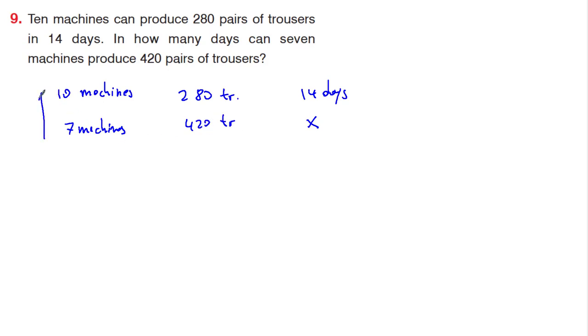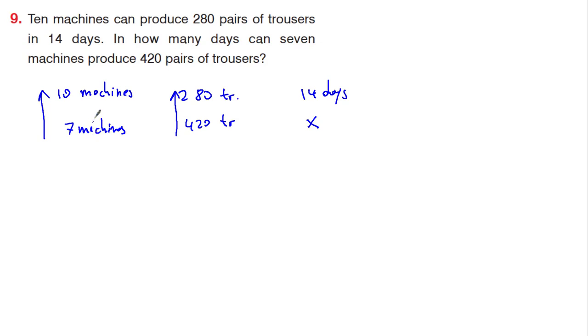Well, again, let's see. We can point the first arrow upwards or downwards, it doesn't matter. Now, increasing the number of machines, does that result in increasing the number of trousers produced or decreasing it? Obviously, it increases, so it's direct.